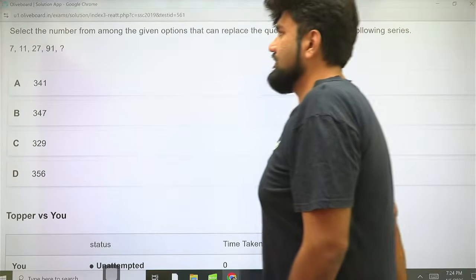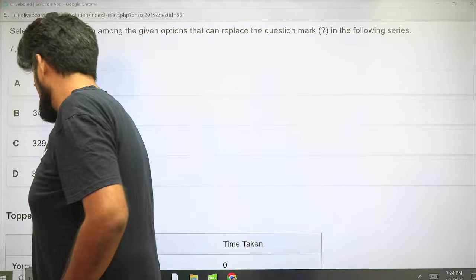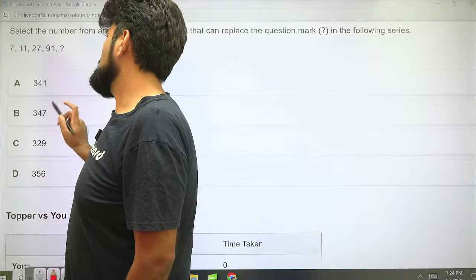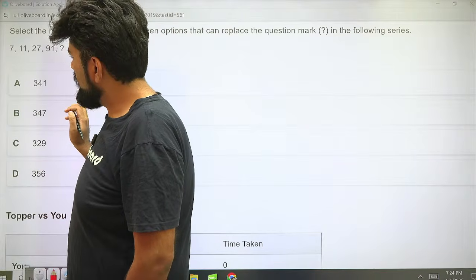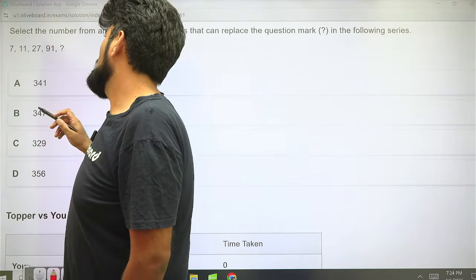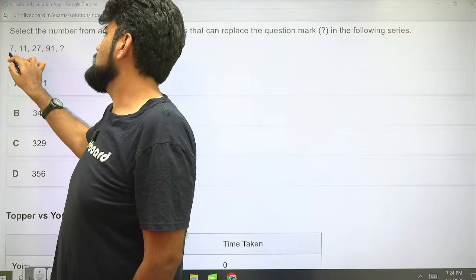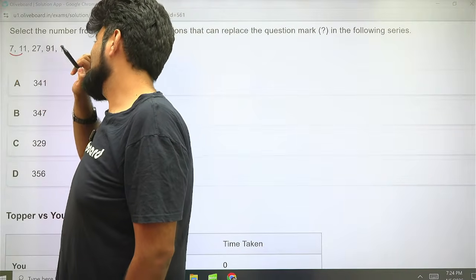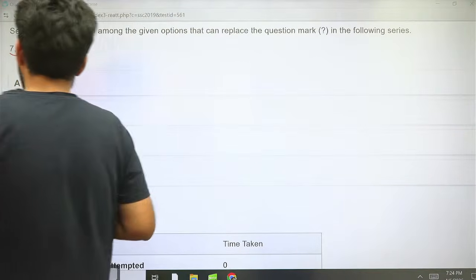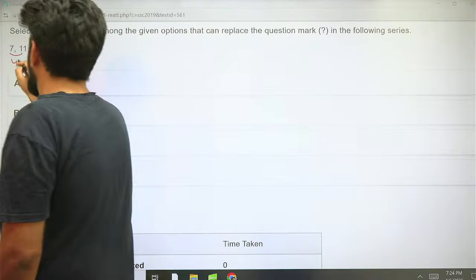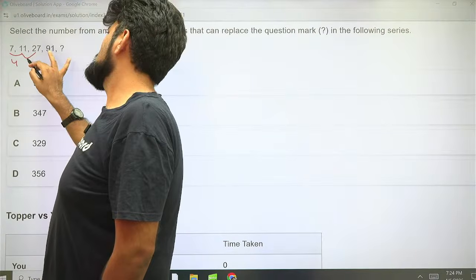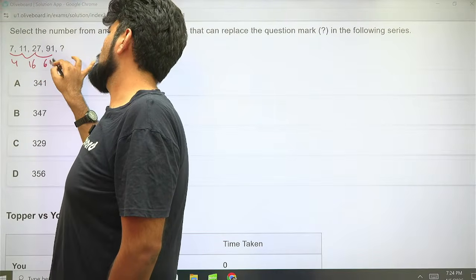7, 11, 27, 91. Take the difference. Multiply by 2 minus 3, multiply by 2 plus 5. Multiply by 2, no, not working. So 7, 11. But we are multiplying with something, right? Plus 4. 11, 27 plus 16. Okay, this is 64. Great.